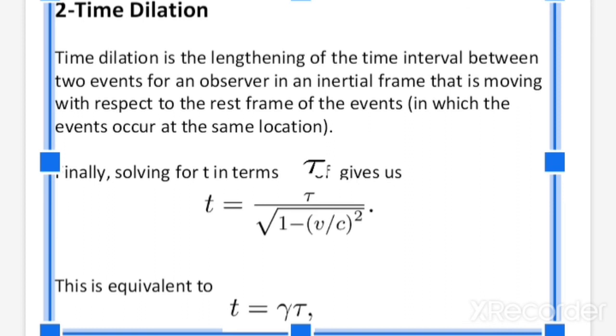Again this root of 1 minus v square upon c square quantity is less than 1, so we can say that del t is greater than del t', which is shown here as t is equal to gamma t'. Means the time observed by the two frames of reference is not the same. This is known as time dilation, and time is also not invariant, but it depends on the motion and position of the observer. Thank you very much.